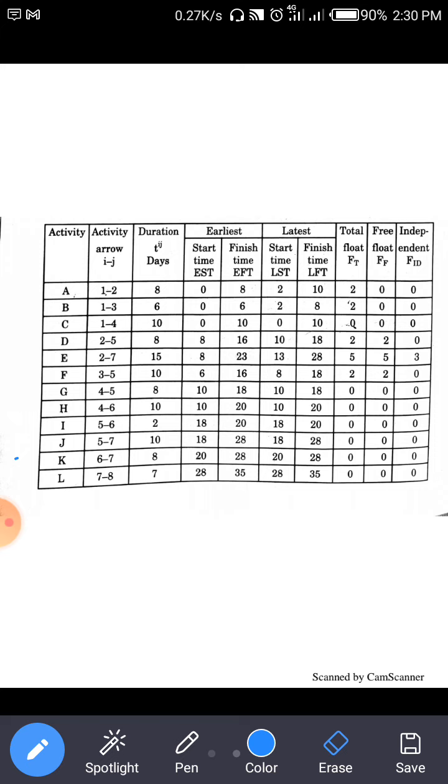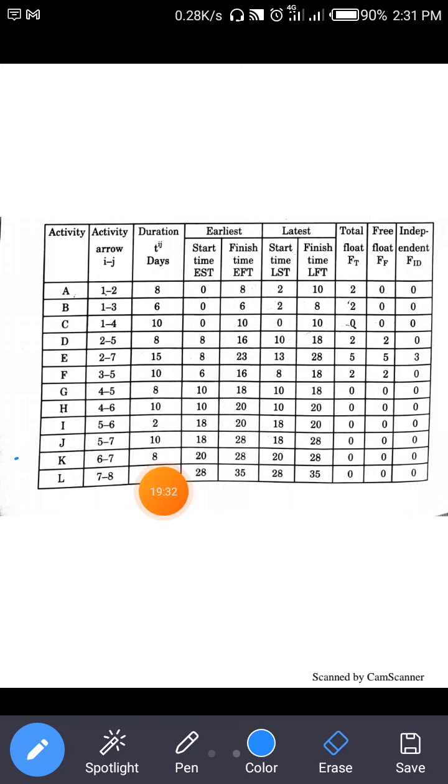So here we find the 0 0 0 values. For the maximum number of activities, independent float is 0. Except for activity 1 to 2 we got a different value, but in most activities we got the 0 value.